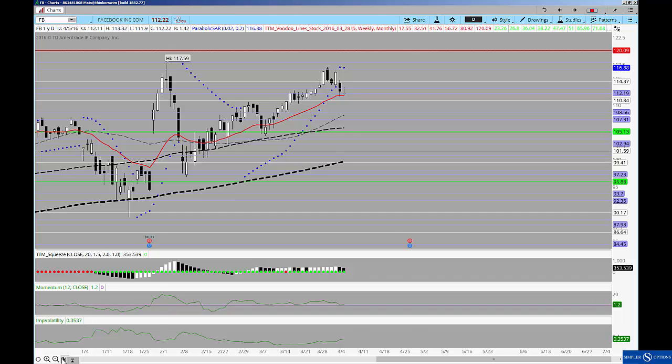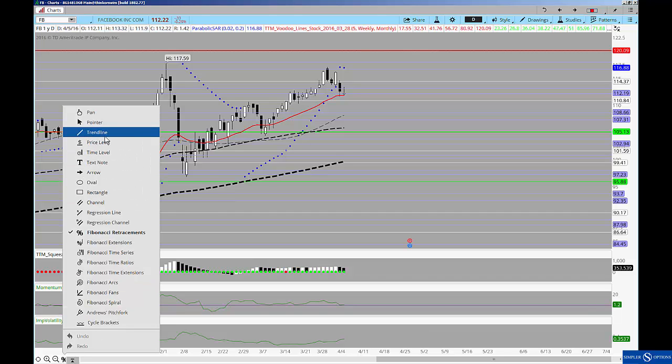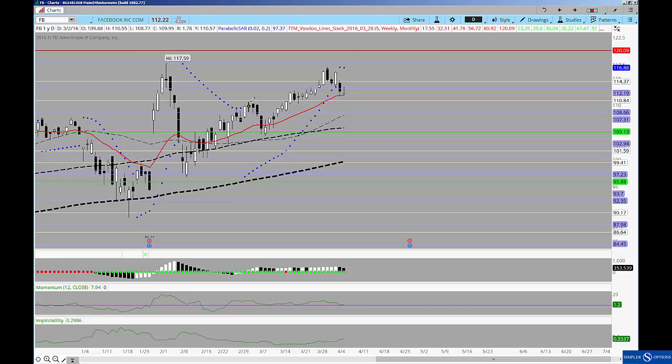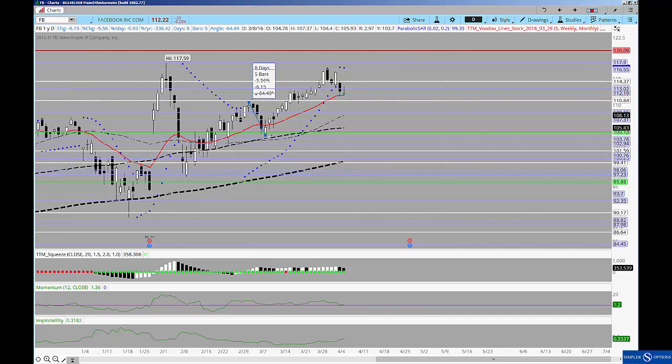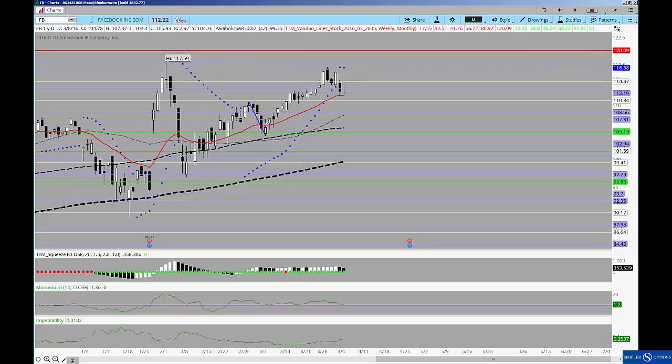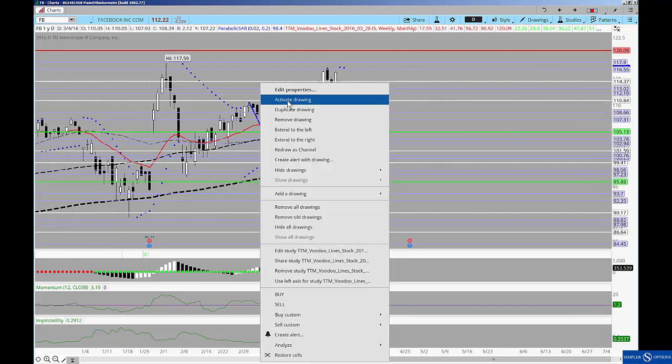I like looking at it, and you can do this very basic by just taking something like a trend line from previous swing high to swing low. That gives us a 6 to 5 bar correction that equaled about $6.15. Well, we can drop that level, and this is just another way of doing very similar work.